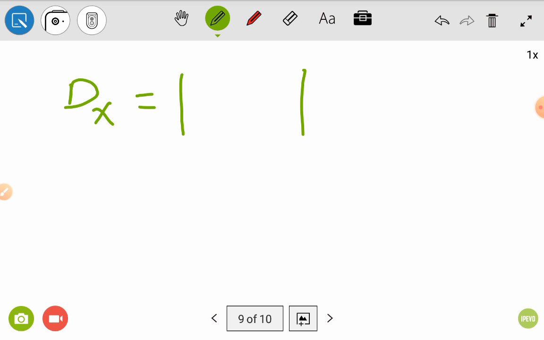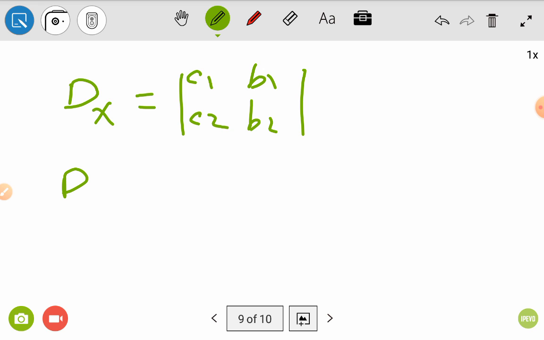Dx means you have to cancel the coefficient of x and put the constants C1, C2, and leave B1, B2 without a change.